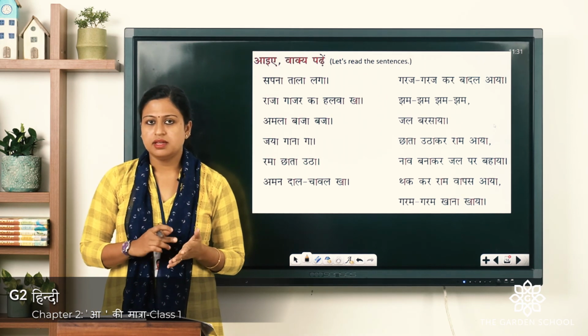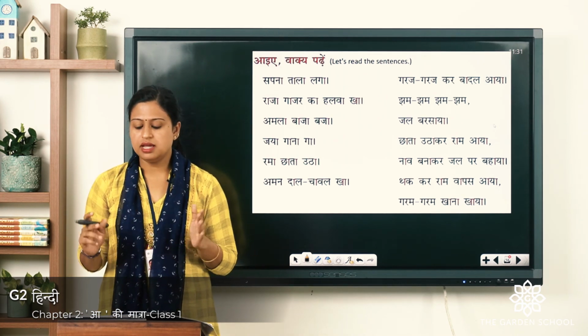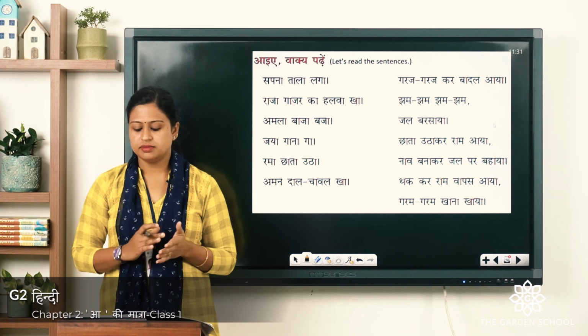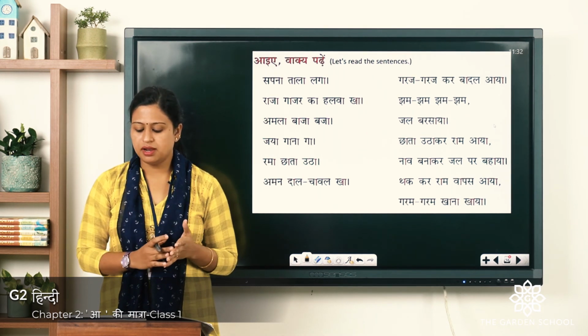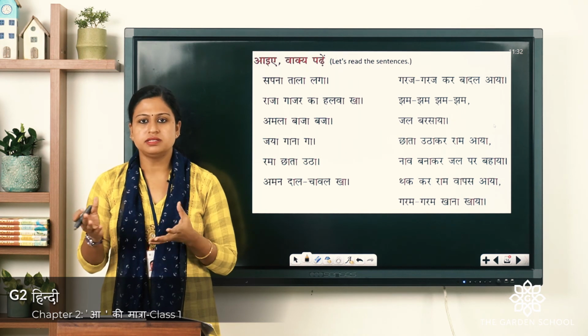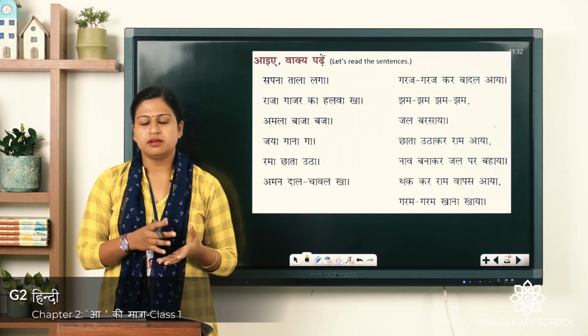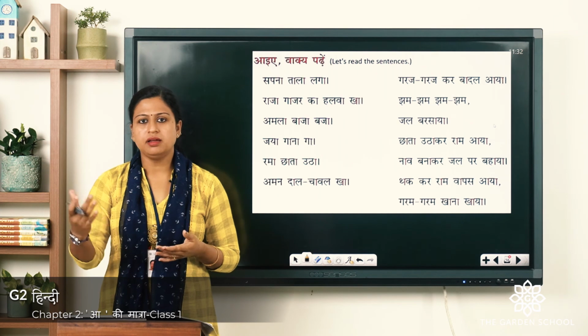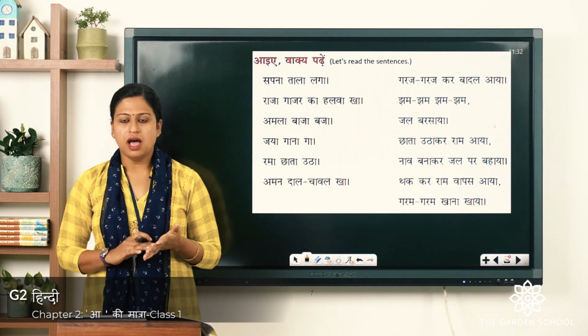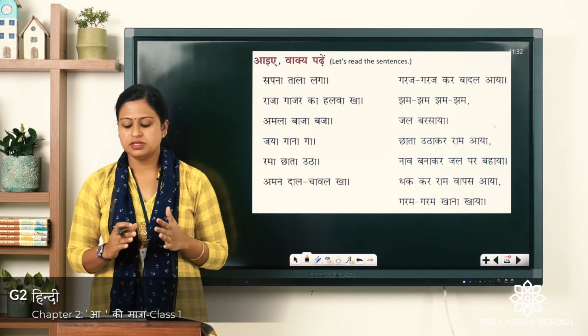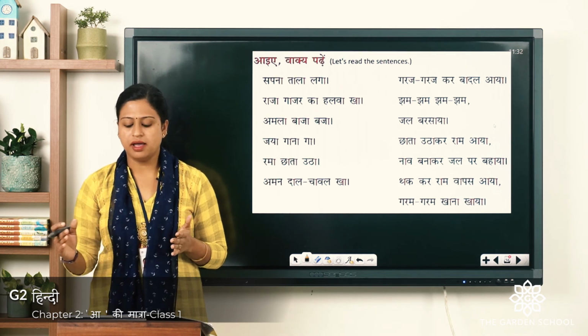Next line. Chhaataa uthaakar Ram aaya. Ram is a name. Chhaataa, umbrella. Uthaakar means to pick. So Ram picked up the umbrella and he came. Next one. Naav banaakar jal par bahaayaa.